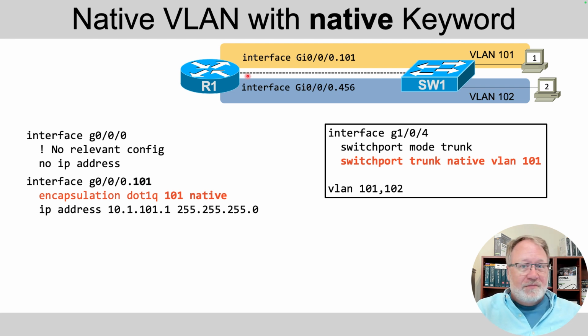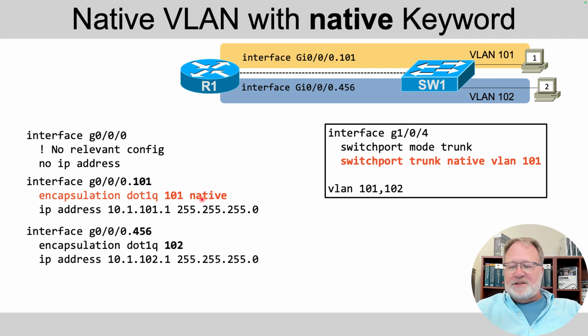Now, as a review, if you don't remember, the native VLAN is the VLAN for which, when sending frames, the device does not add the VLAN header. And when receiving a frame that doesn't have the VLAN header, the device assumes, oh, that's a frame in the native VLAN. All right, so the frames that flow back and forth here without a VLAN header will be considered to be in VLAN 101 now, based on this on the switch and this on the router.